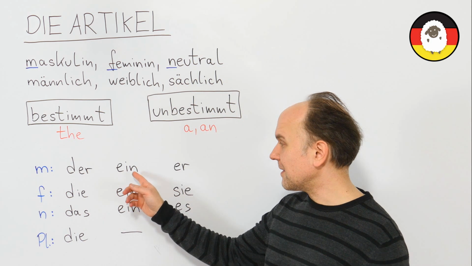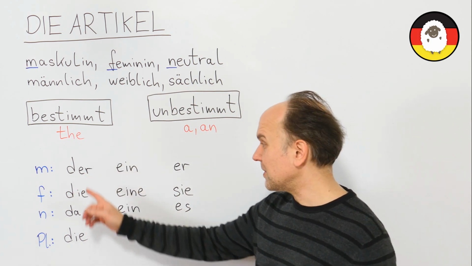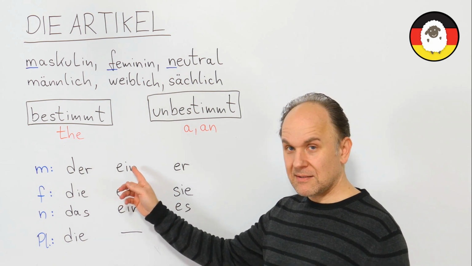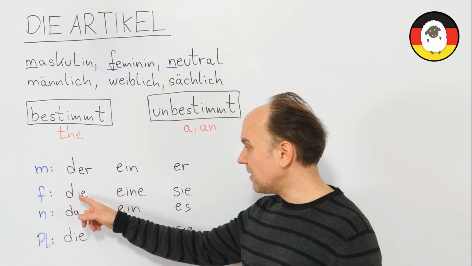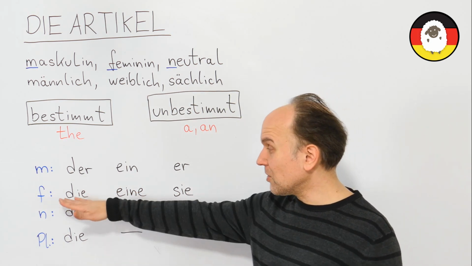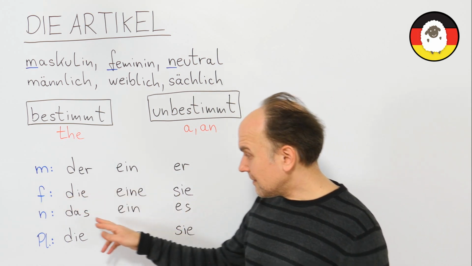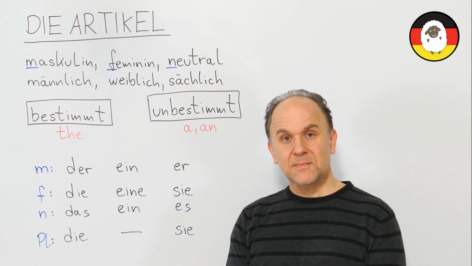The indefinite article that goes along with the definite article has to be learned. It's very important. So, der Mann, ein Mann ist da. Die Frau, eine Frau. Sie ist da. These words always go together. Das Kind, ein Kind. Es ist da.